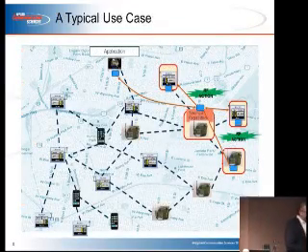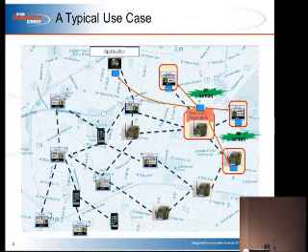So here's a typical use case one might consider. You have a network of assets. They actually have the ability to communicate with each other a priori. So the notion is that what we're doing here is overlaying on top of a network of existing assets. So what are we overlaying?